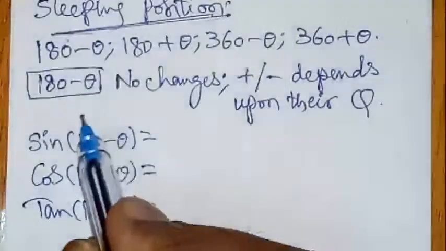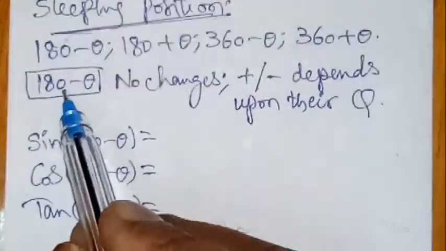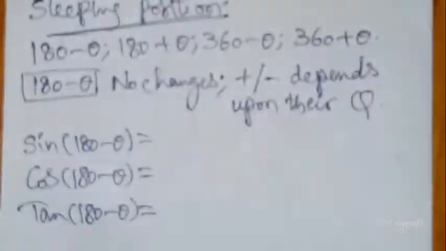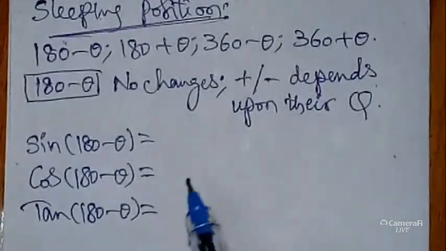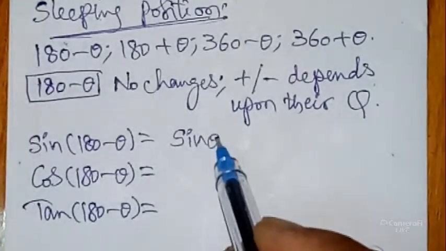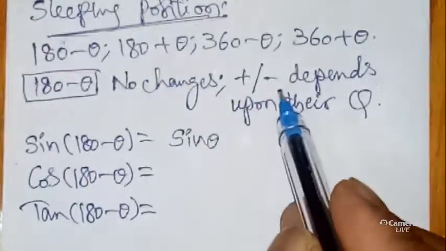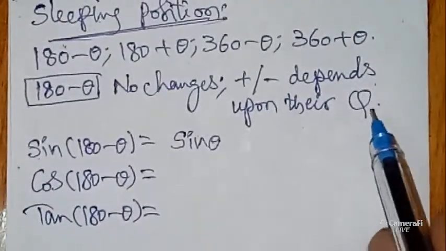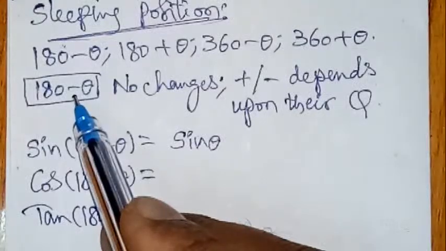First you can find these values. So related to 180 minus theta, sleeping position. Sleeping position means no changes. No changes means sin is sin. After that plus or minus, which depends upon their quadrant.